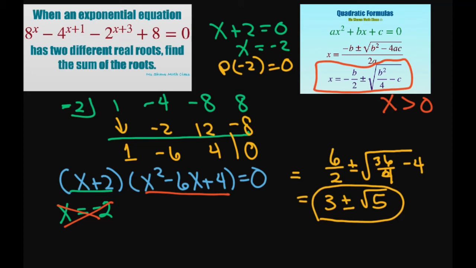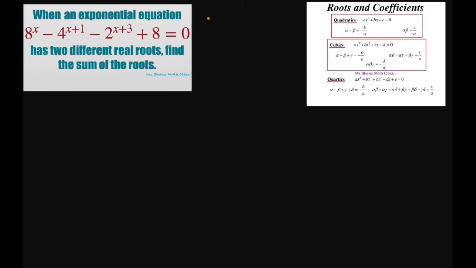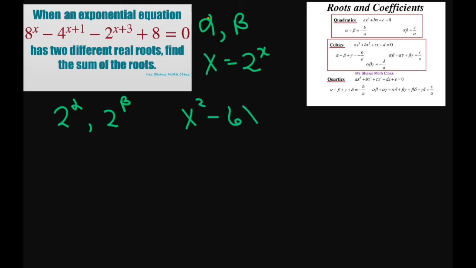So now let's find the two different real roots. Let's see what we have. If we let the two real roots of the given equation be alpha and beta, then remember our big X equals 2 to the power of little x. So 2 to the alpha and 2 to the beta are the two real roots of the equation X squared minus 6X plus 4 equals 0.